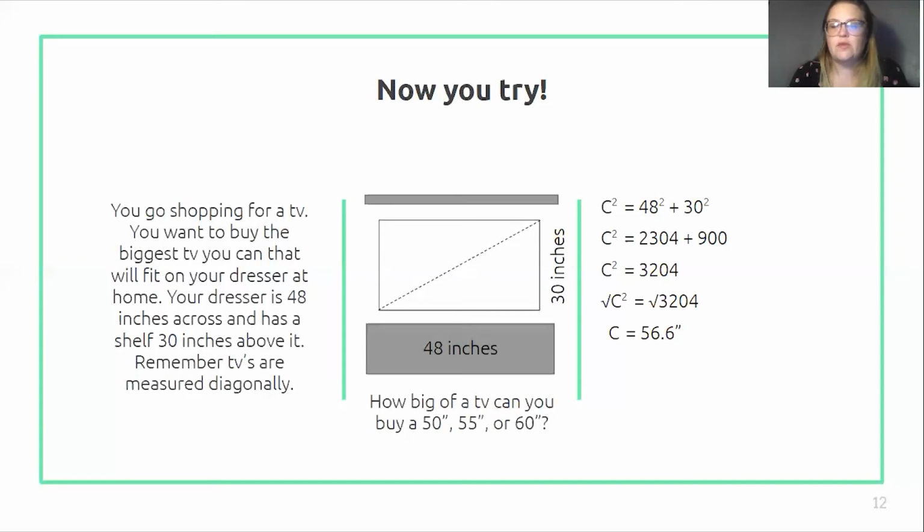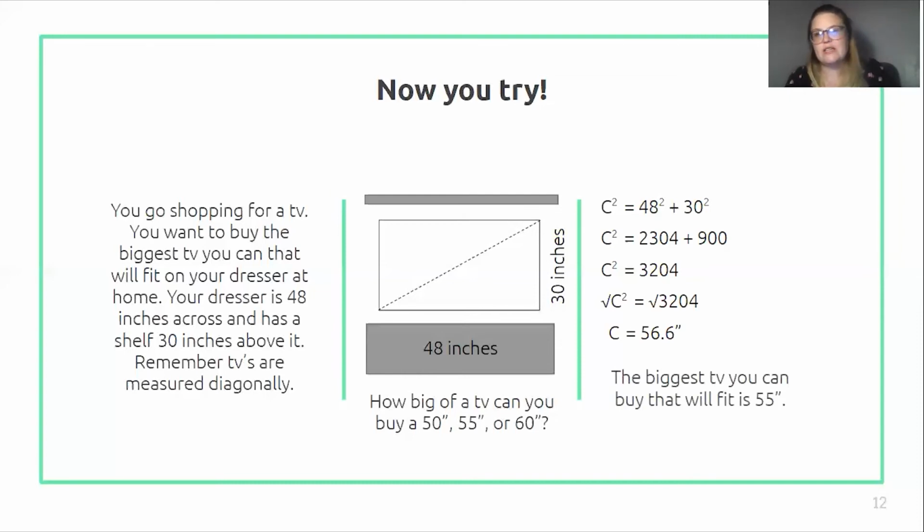So if we're looking at our question of how big of a TV you can buy, if it needs to fit on this dresser and can only be 30 inches tall, the biggest TV you can buy that will fit is a 55-inch TV. Do you see how we can use the Pythagorean theorem to solve a problem that we might have as we're shopping for a television? Even though it's a rectangular shape, we can find that triangle and apply this solution.